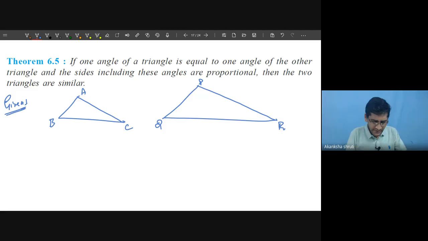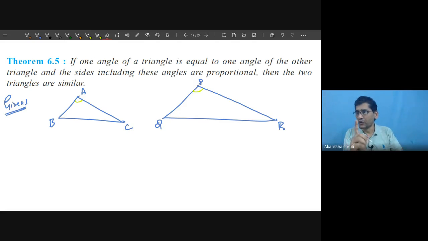Keep in mind, student, as I was explaining, if two angles, let A equals P and B equals Q, then it will not give any new condition or criterion, because when two angles are equal, obviously the remaining third angle will be equal. So it will be the same as AAA. So how could this theorem be? It is like if one angle is equal and the two sides are proportional.